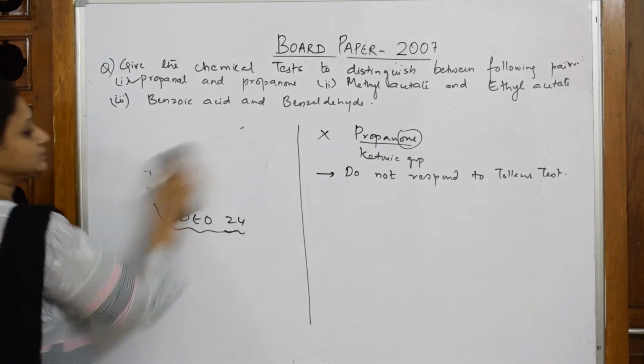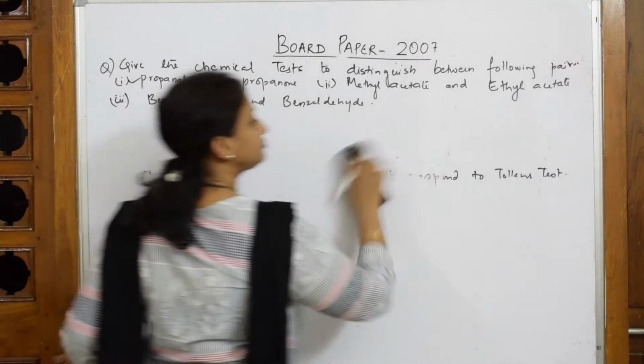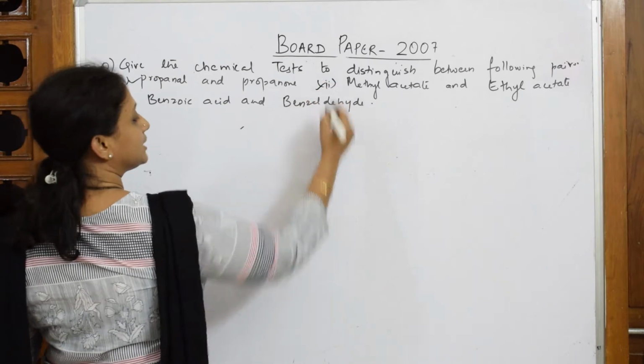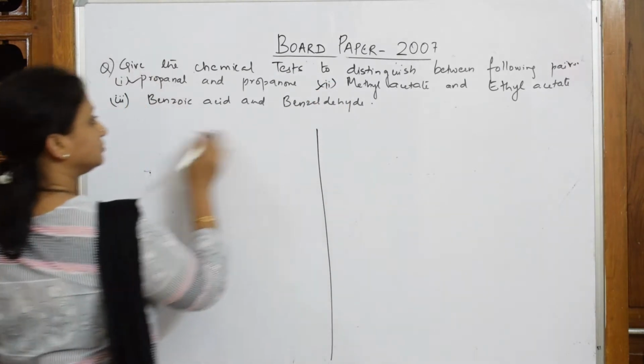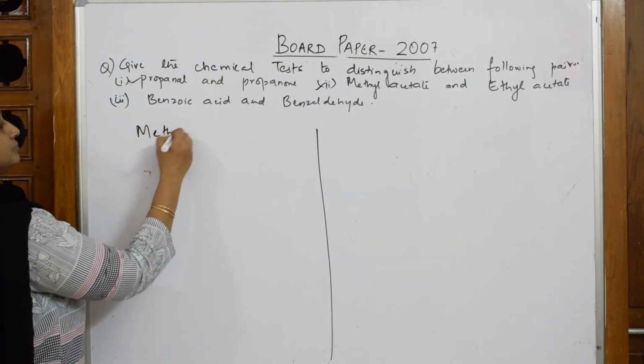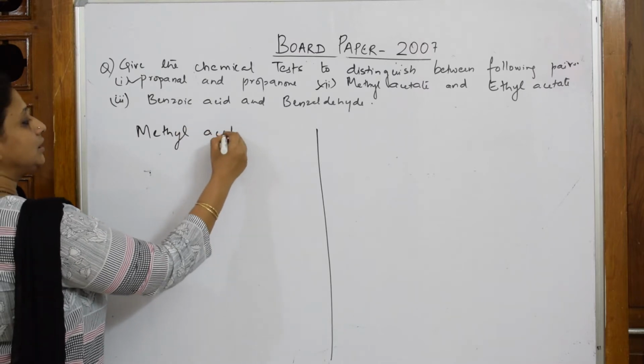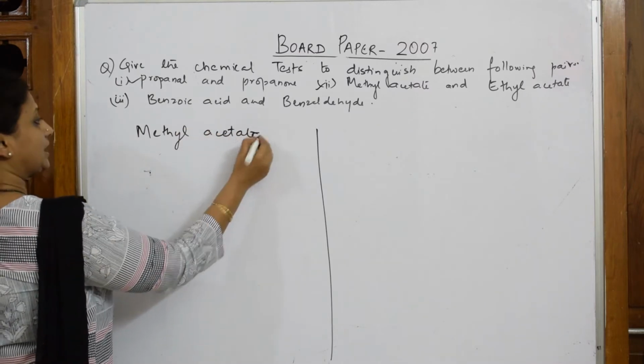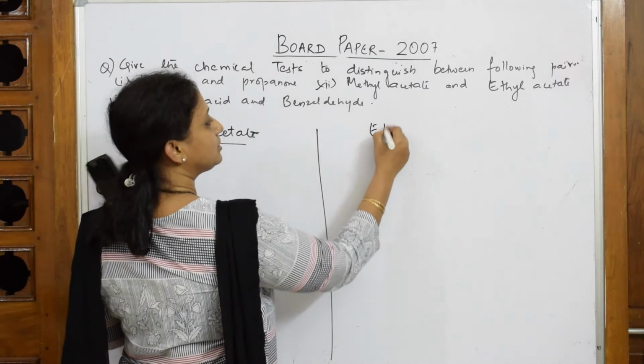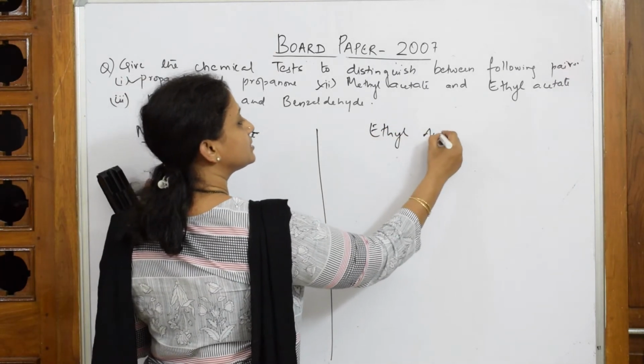Now we're going to start with the second one. You have to distinguish between methyl acetate and ethyl acetate. What is the difference here?